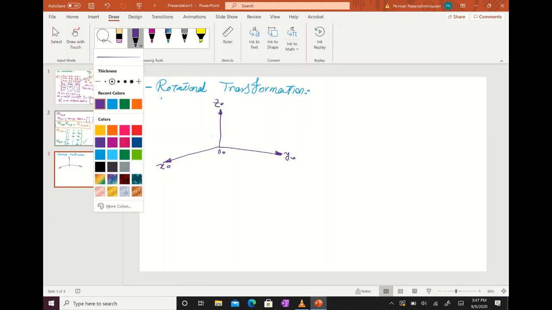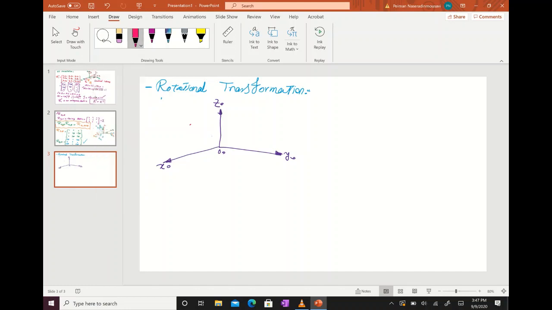And suppose you have another frame, z1, x1, and y1.